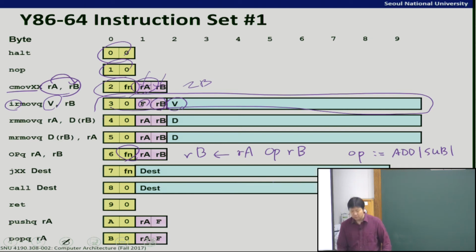This F is a fixed value, 1111, which means no register. That's why this instruction takes 10 bytes, and so on. So the minimum width is 1, the maximum width is 10, depending on what kind of operands the instruction needs.